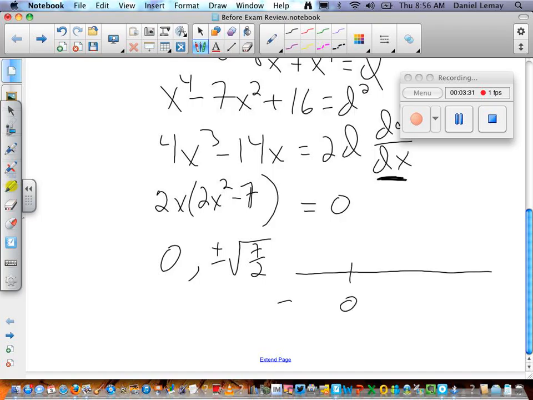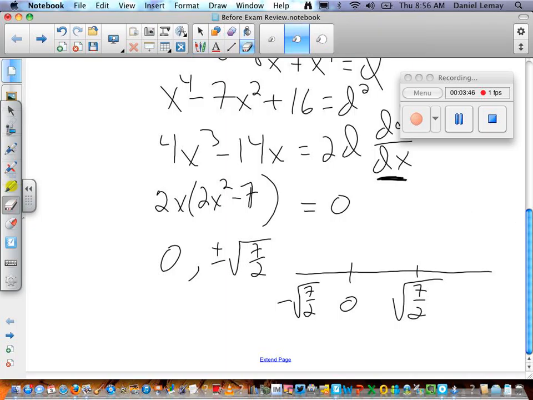Actually, negative square root of 7 over 2, positive square root of 7 over 2. And this is a derivative, right? This is the derivative, or d prime, or how do I want to write that? D prime. Sure. So here's my derivative.